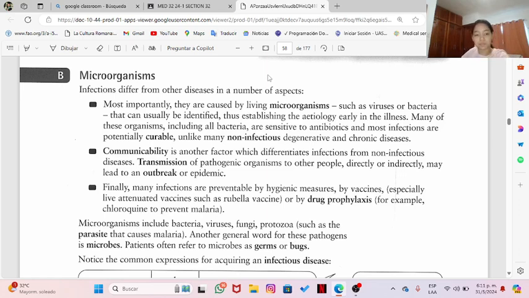Finally, many infections are preventable by hygienic measures, by vaccines, especially live attenuated vaccines such as rubella vaccine, or by drug prophylaxis. For example, chloroquine to prevent malaria.